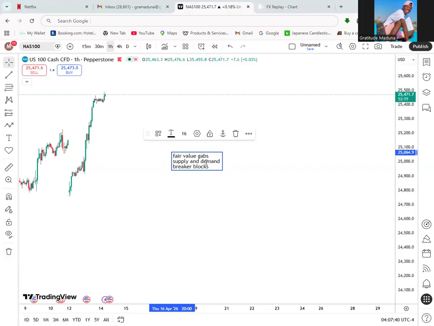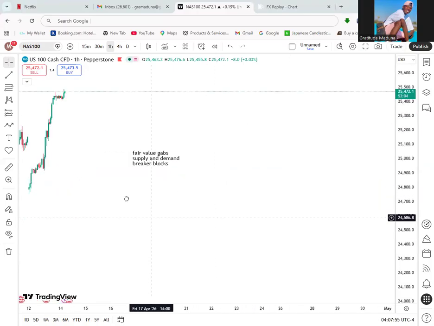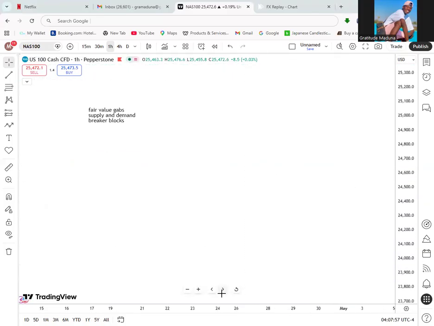I don't really use breaker blocks, but they're also important should you want to play around and test them. So the main ones I focus on are fair value gaps, supply and demand, and breaker blocks. I'm gonna break down each and every one of them quickly.